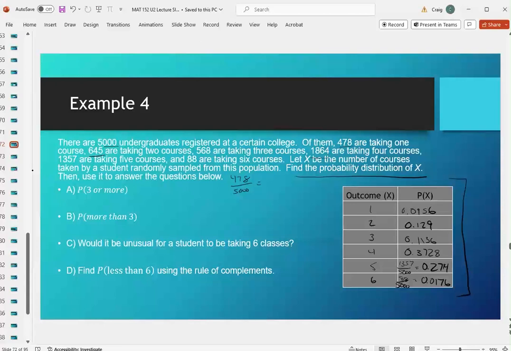Now we want to find the probability that a randomly chosen student is in 3 or more classes. Well, 3 or more just means 3 or above. There are 2 ways we can do this. We can either say 1 minus the first 2, or we can just add up 3, 4, 5, and 6. 0.1136 plus 0.3728 plus 0.2714 plus 0.0176.